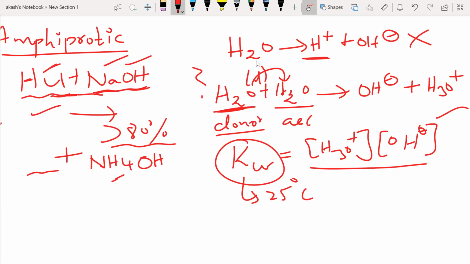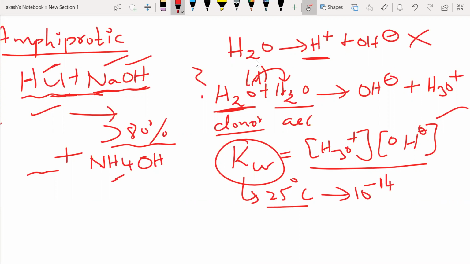We know that the equilibrium constant is temperature dependent. We even saw how it may behave depending on whether the reaction is exothermic or endothermic. So at 25 degrees Celsius, this Kw value was measured to be equal to 10 to the power minus 14.